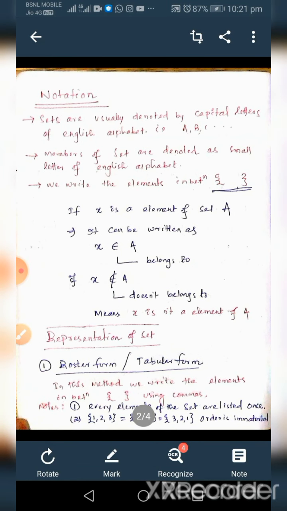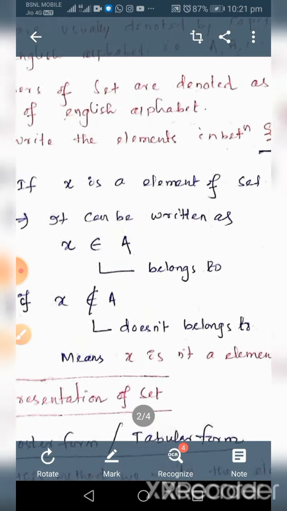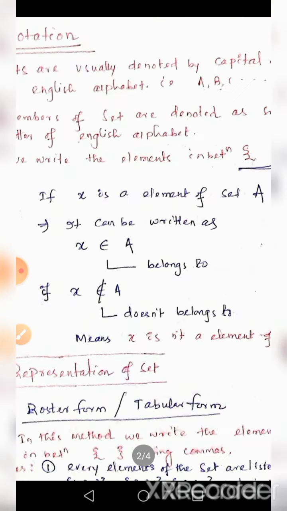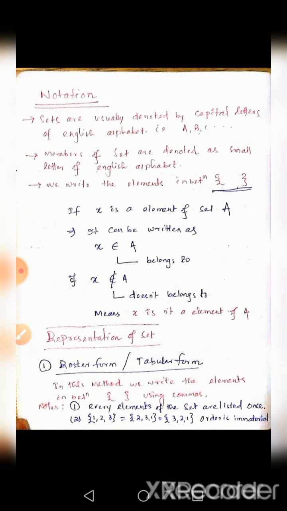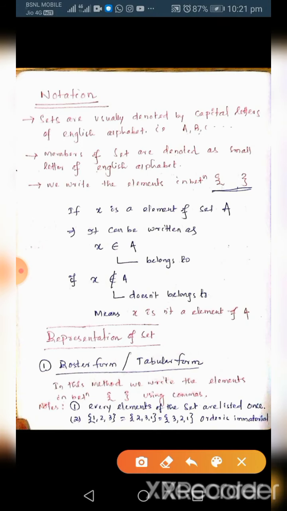Every set is usually denoted by capital letters of the English alphabet, that is A, B, C. The members or elements are denoted by small letters, and we write the elements in between two curly brackets, using curly brackets and commas.